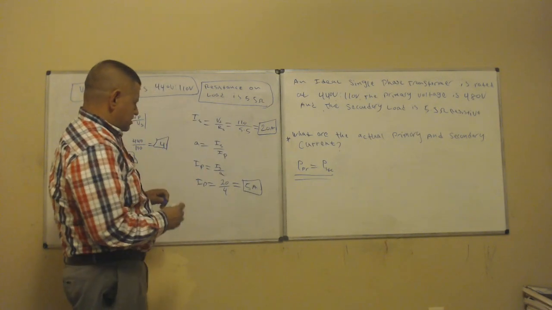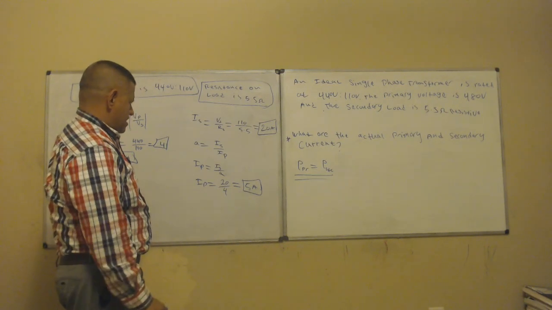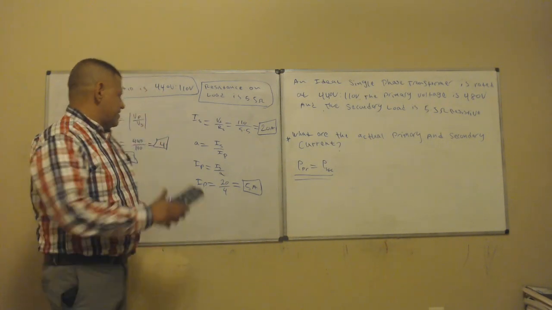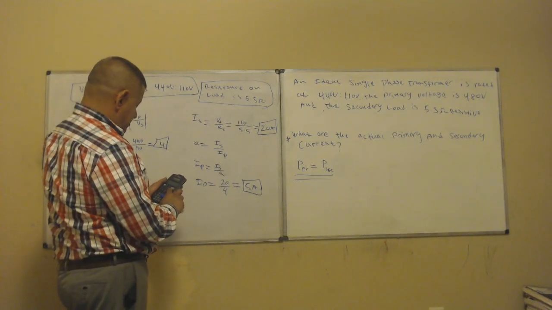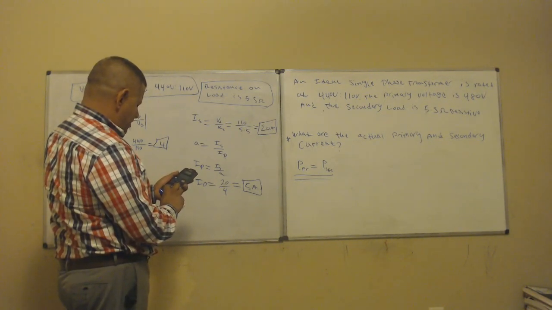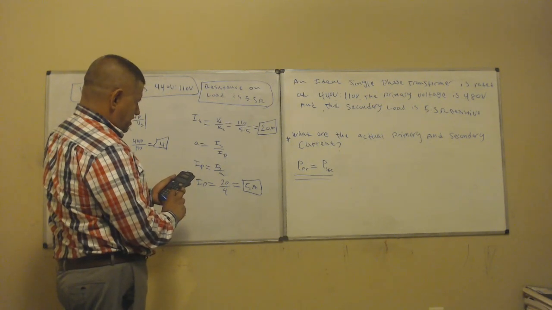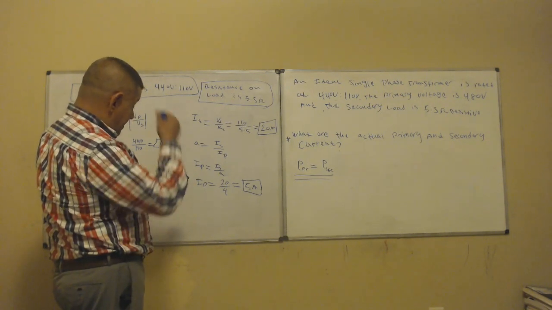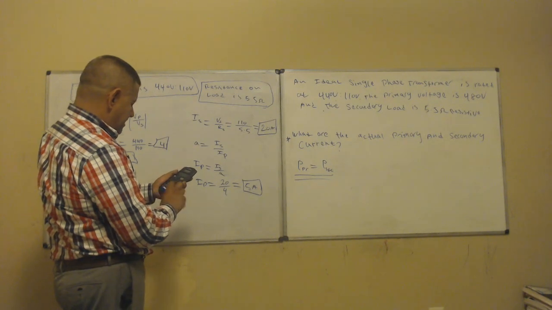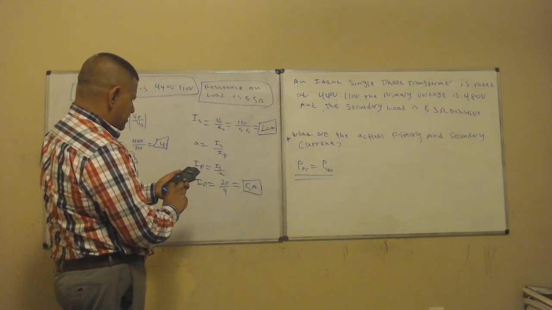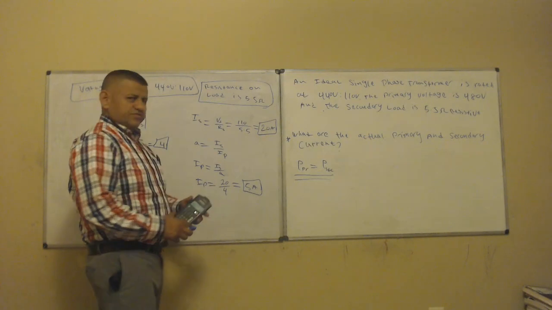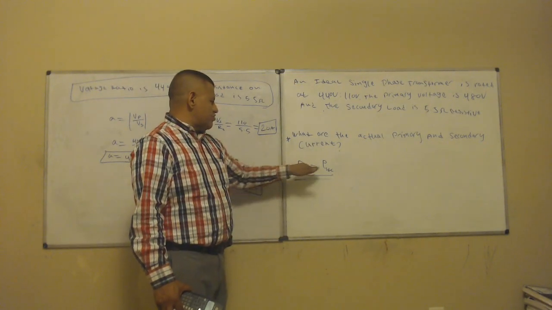Okay, so now you can see that if you take 5 amps times 440, and then you take 20 amps times 110, this is what I'm trying to say: power primary is going to be equal to power secondary.